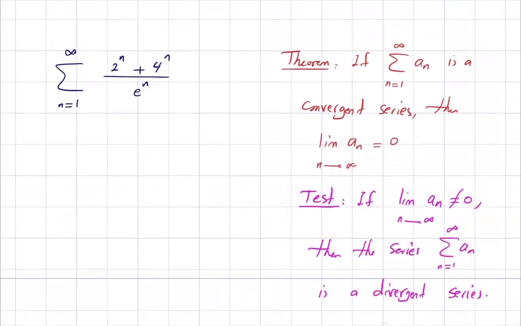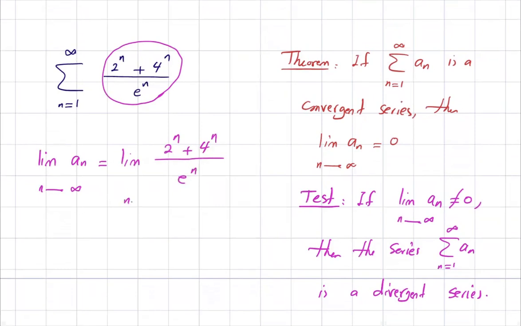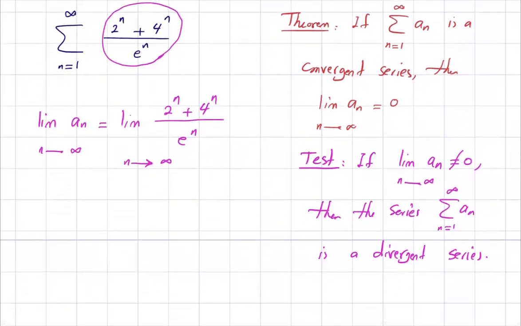Okay, so let us take the limit of an. The limit of an as n goes to infinity is the limit of 2 to the n plus 4 to the n divided by e to the n as n goes to infinity. What you can do, you can divide everything by e to the n, or you can apply L'Hopital's rule. Either is fine. This is going to be the limit of 2 to the n divided by e to the n plus 4 to the n divided by e to the n, all divided by e to the n over e to the n, as n goes to infinity.